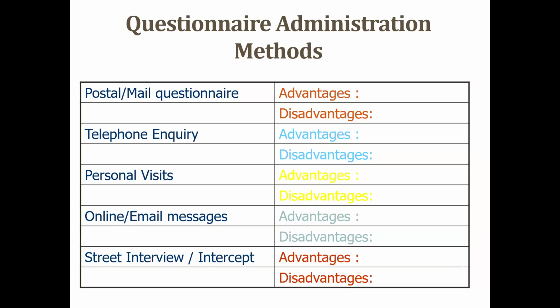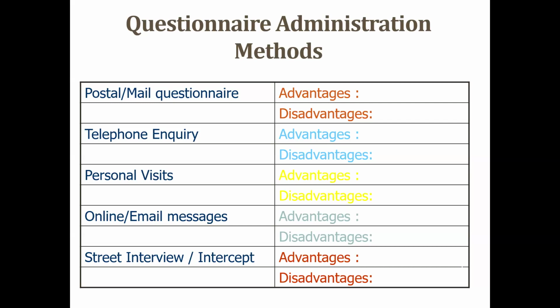But in our part of the world, where you have to use the postal services, you've got to pay for the postage. And when the questionnaire has been responded to, it has to be posted back to you, and that involves payment. How do you address that?